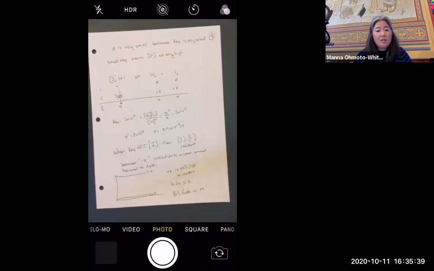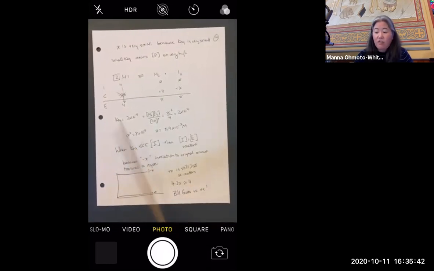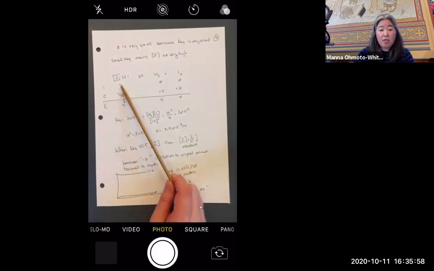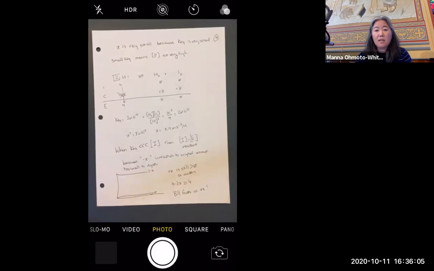So here's the thing. If my Keq value is so small, especially in comparison to my initial concentration of my reactants, then what happens is that this change that I see is negligible, meaning that the difference between my initial concentration and my equilibrium concentration for my reactant is not going to be noticeable, not something that I can measure with the precision of my instrumentation.